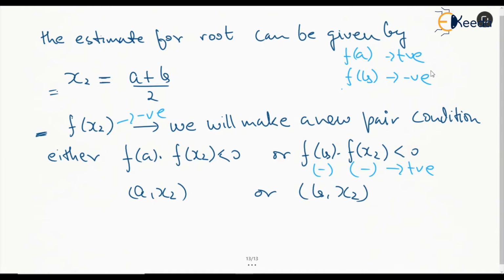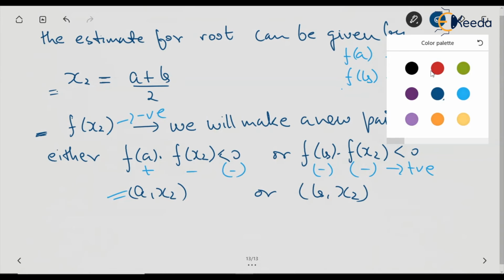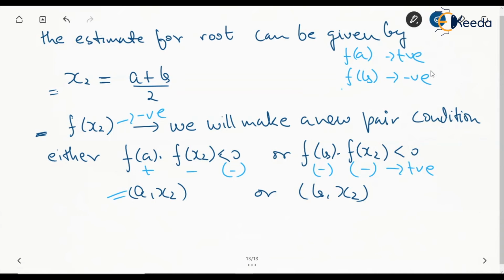So we are not going to take this pair, whereas for a and x2, a is positive and x2 is negative, so overall we will have negative. So this is the pair we will choose, and then we can go for the next root estimate, x3 is equal to a plus x2 by 2.